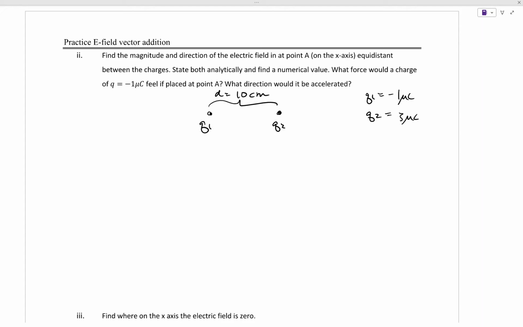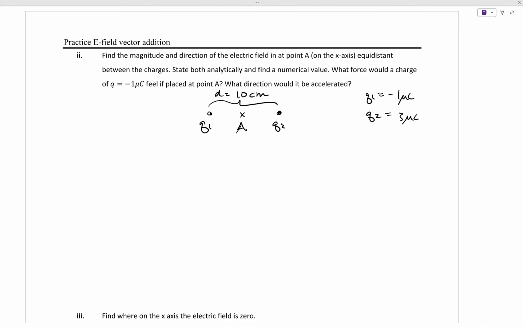We want to write an expression for the electric field at this point in between, which we called A. We're also going to calculate the value based on these charge values and distance, and then come up with what the force on a charge placed at that location would be.